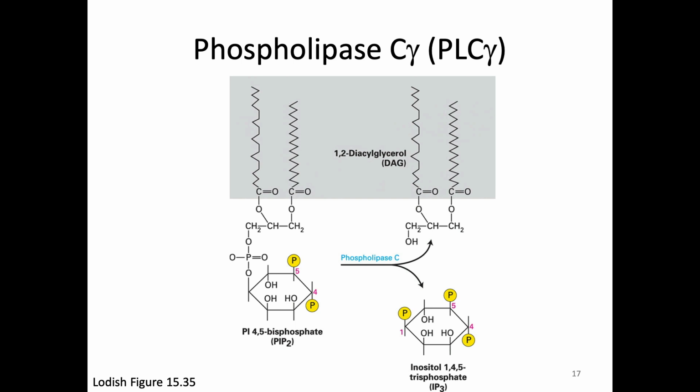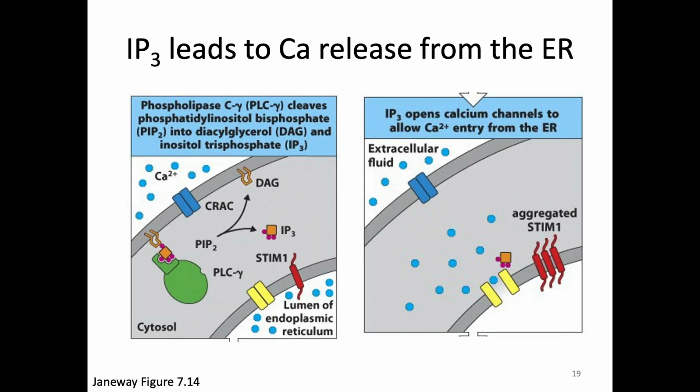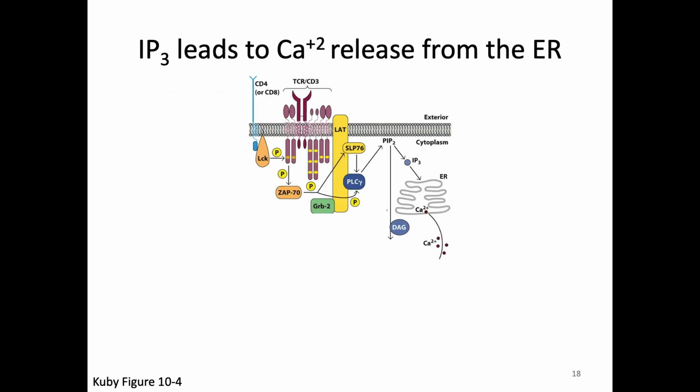Because in fact, IP3 will then bind to the IP3 receptor. The IP3 receptor sits on the endoplasmic reticulum, and the end result is that calcium that was in the endoplasmic reticulum gets released into the cytoplasm. Here it's shown very broadly.